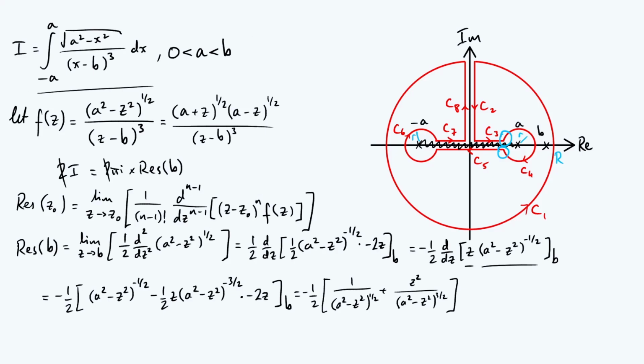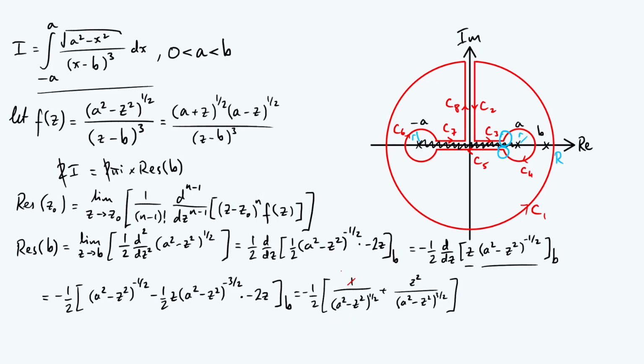Now it becomes a bit easier to see what to do next. If we write our negative indices as fractions instead, then you can see that the denominators of those two fractions, this and this, are quite similar, but they differ by a power of 1, basically, which means if we want to make the denominators the same so that we can add them, we need to multiply the first fraction by an additional a squared minus z squared to the power of 1.